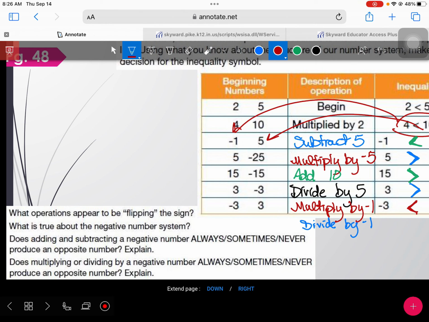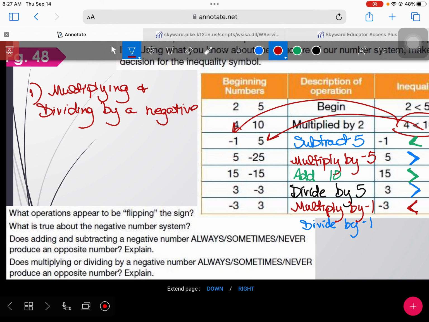So for the first question, multiplying and dividing by a negative seems to flip the sign. Multiplying and/or dividing by a negative seem to flip the inequality sign. Okay?